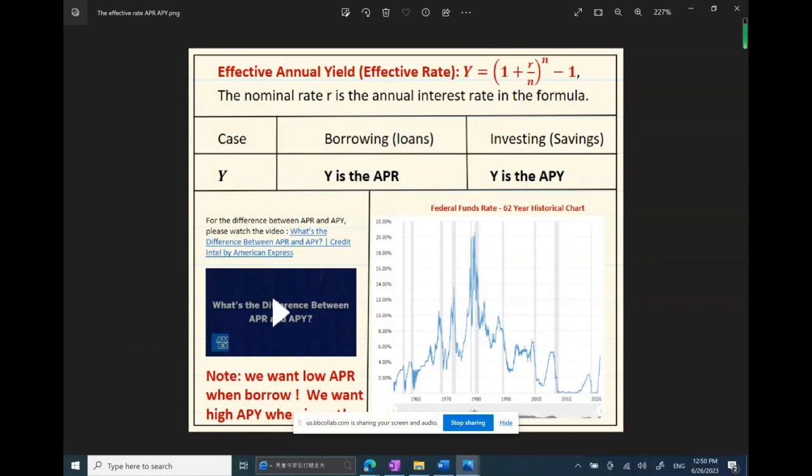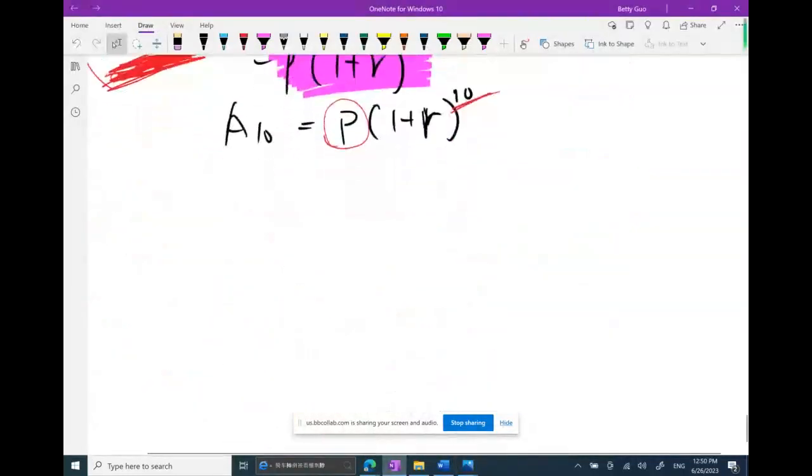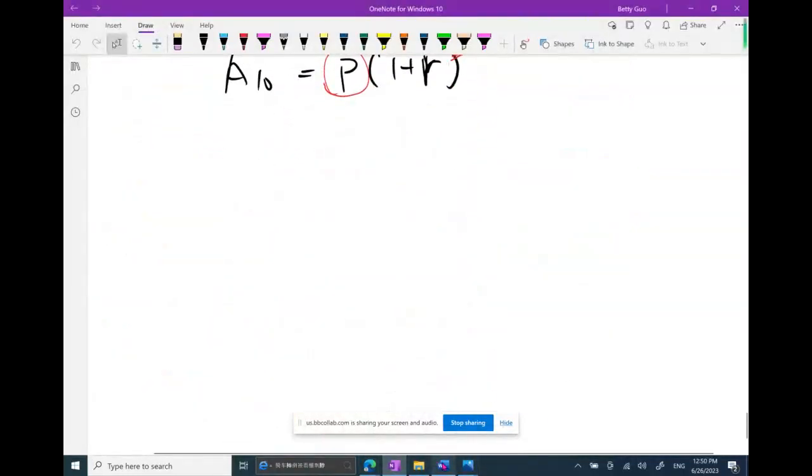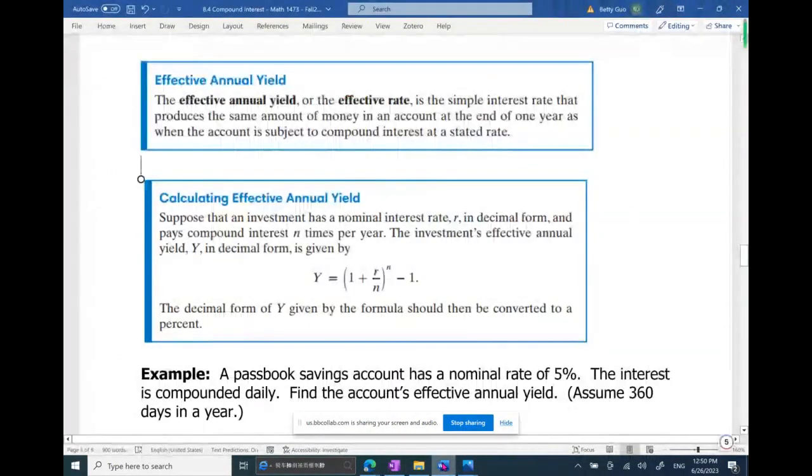When we invest, we want a corresponding APY as high as possible. Pretty intuitive, right? Okay, so let me take a little time to prove this formula for the effective rate. Let's look at the formal definition first.